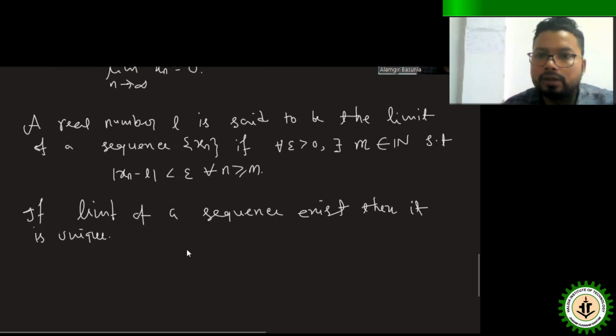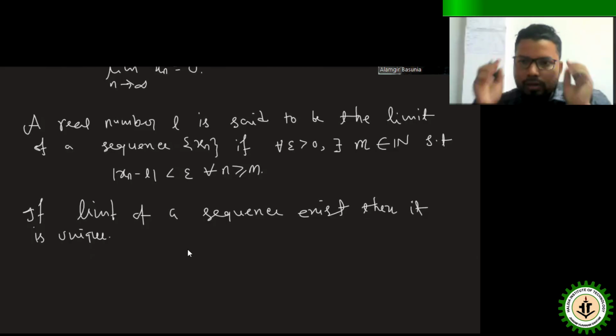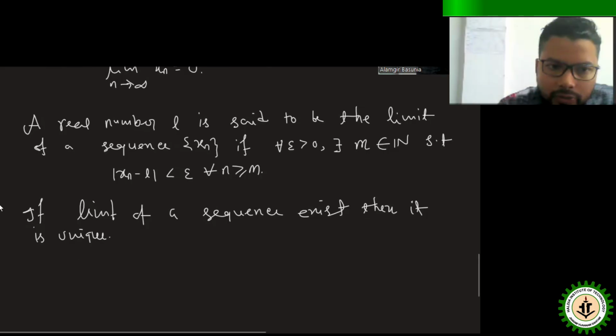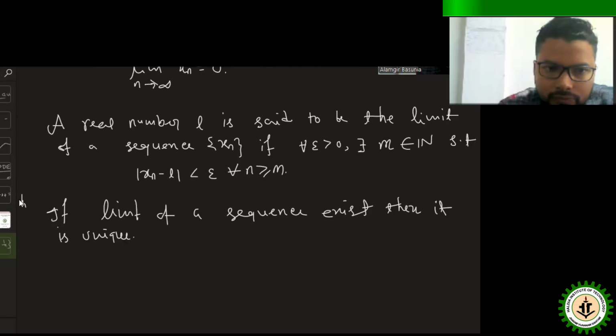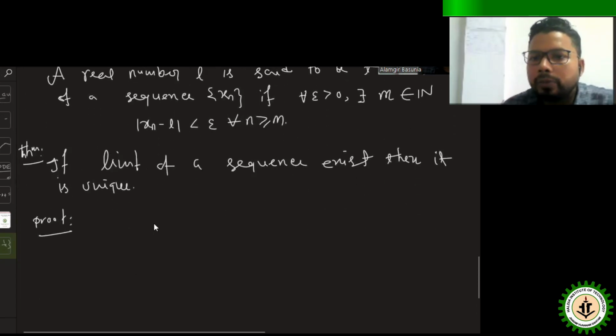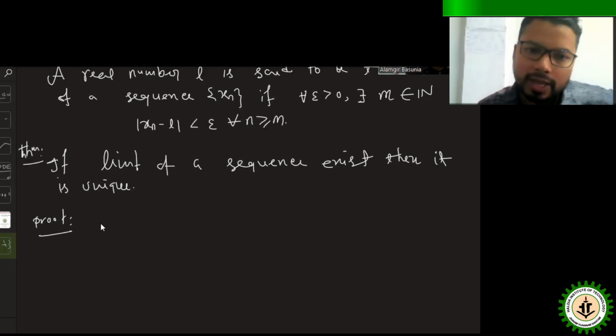Okay, here you can see the proof. This is a theorem. Here is the proof. Suppose we are assuming that there is a sequence xn and it has two limits, L and L prime.